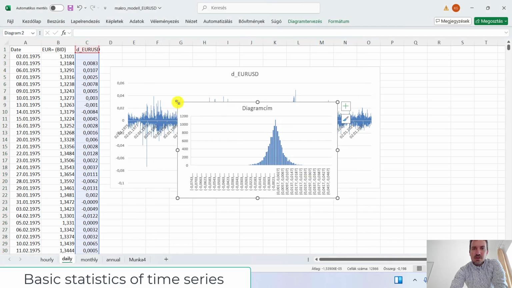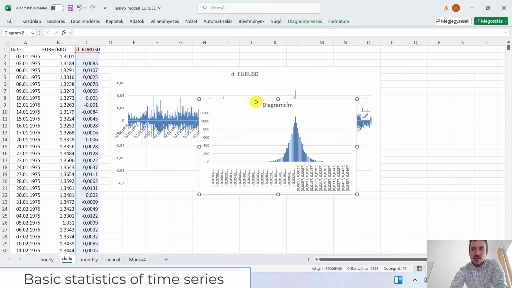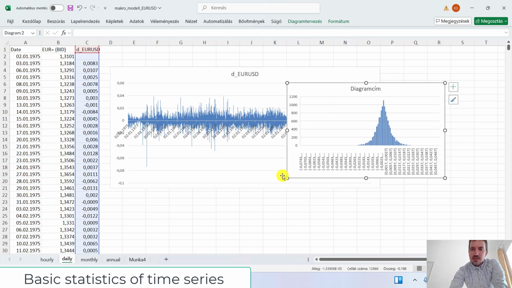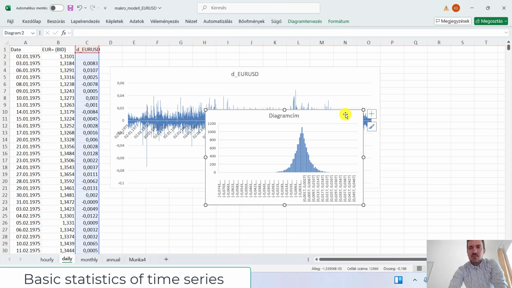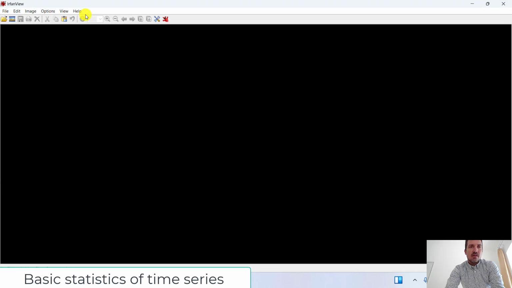We should have a histogram, because in this case, can't I rotate this one? If I cannot, then make it as a picture so you can do it. Yeah.